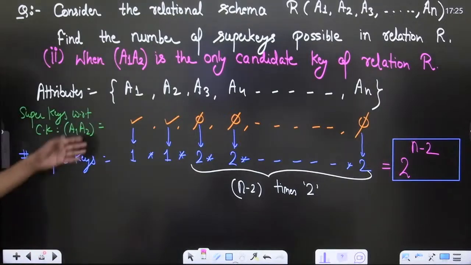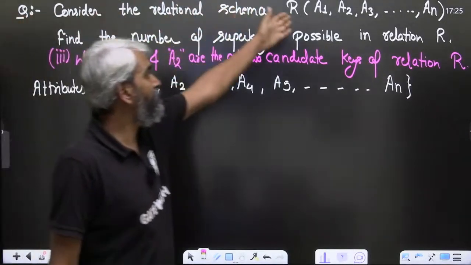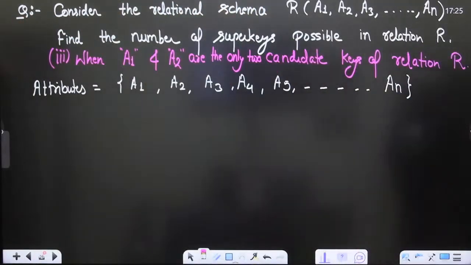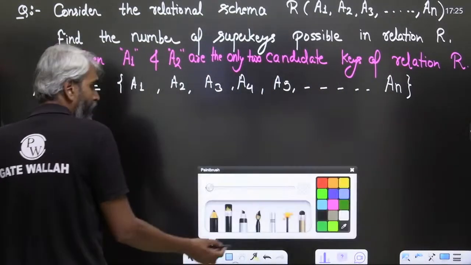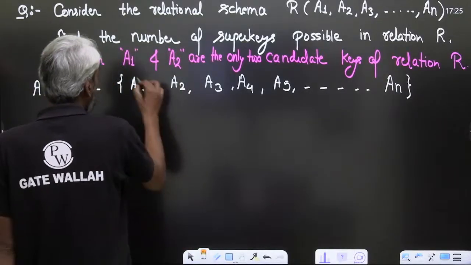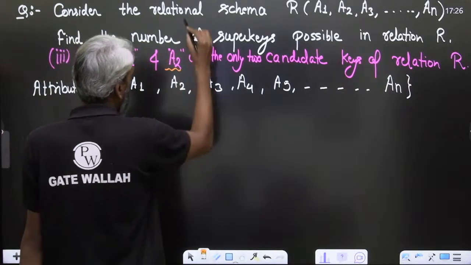So please, let's assume that there are two candidate keys. Consider a relation R with the same set of n attributes. Find the number of super keys possible when there are two candidate keys in the relation. One happens to be A1, another happens to be A2.